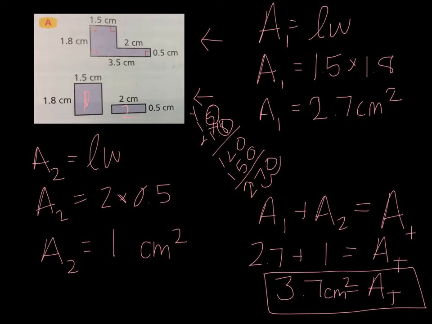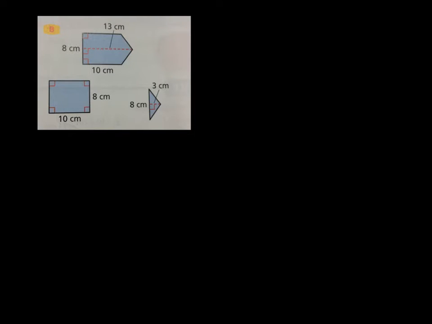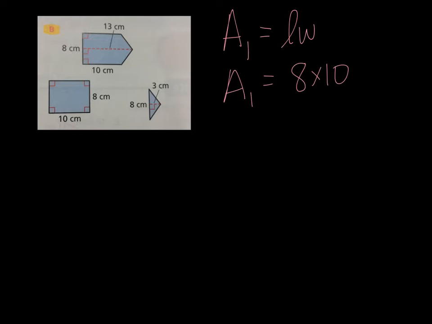Let's try another one. Okay, so now this one is a triangle and a rectangle. So let's do the same thing. Area figure 1 equals length times width. Our first figure is going to be 8 times 10, and that would be 80 centimeters squared. Now let's find the area of our triangle or figure 2.